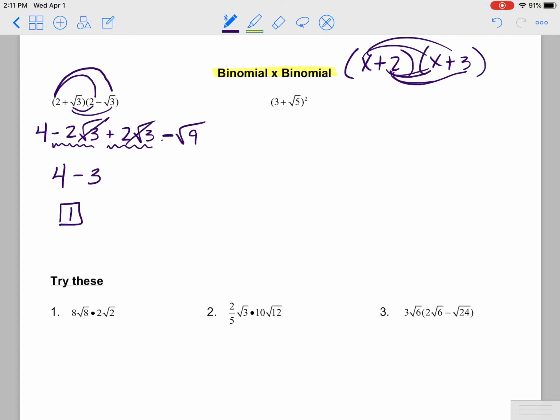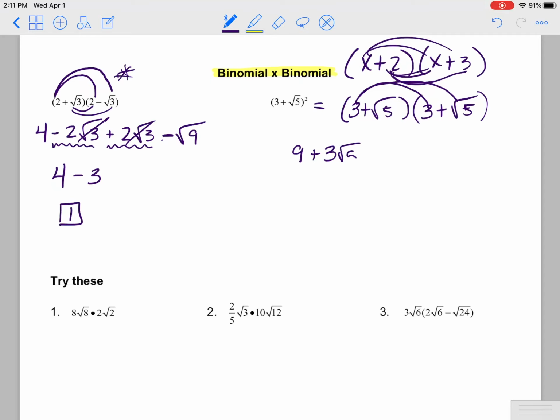All right, so this one, everyone always forgets this example. This means that you have 3 plus radical 5 times 3 plus radical 5. So it actually is being disguised as this example over here. So you're going to go through and do the same thing. 3 times 3 gets me 9. 3 times radical 5 is 3 radical 5.